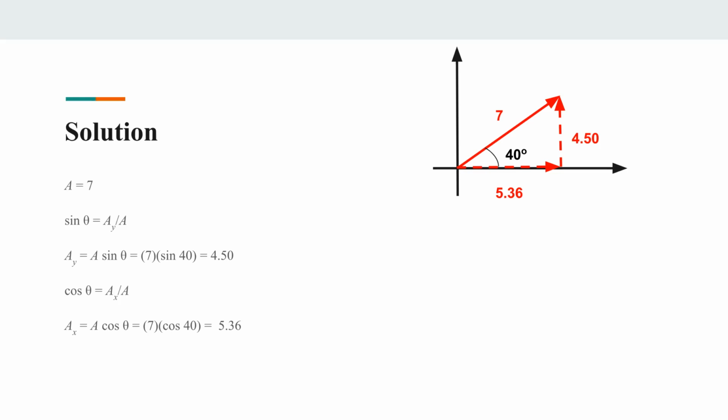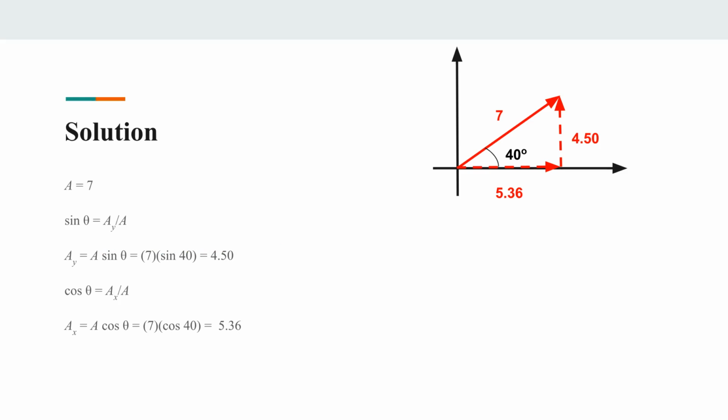So sine theta will equal AY over A, the vertical component over the actual magnitude of the vector. If you rearrange for AY, multiply by A, you get AY equals A sine theta, which is 7 times sine of 40 degrees, which is about equal to 4.50.